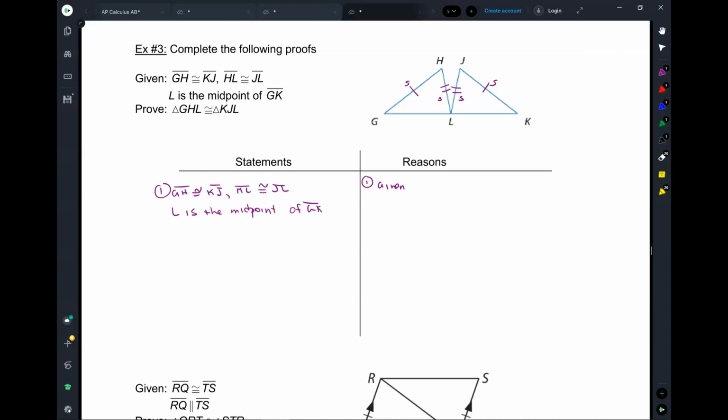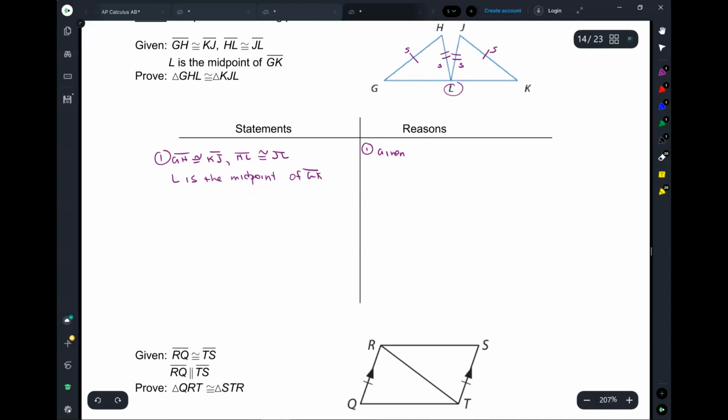Now, I'm also given L is the midpoint of GK. What does that mean? In the middle. Right? So what does that mean about these two segments? That they are congruent. So now I can say GL is congruent to LK because of the midpoint theorem.